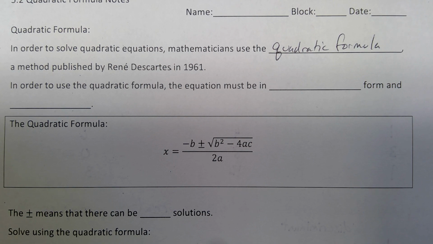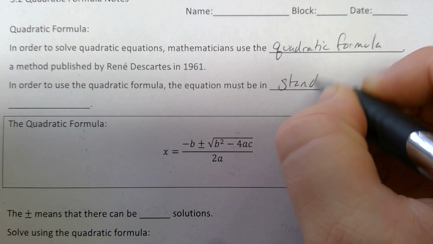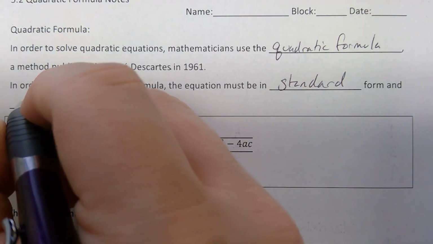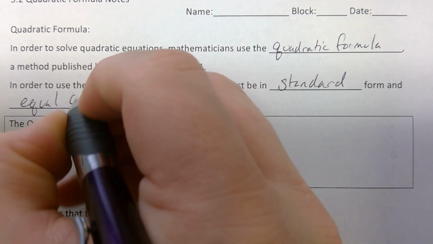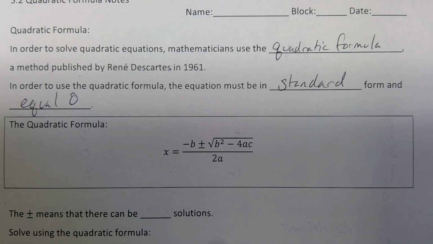In order to use the quadratic formula, the equation must be in standard form and equal 0. If not both of those are true, we have to rearrange it to be in standard form and equal 0.